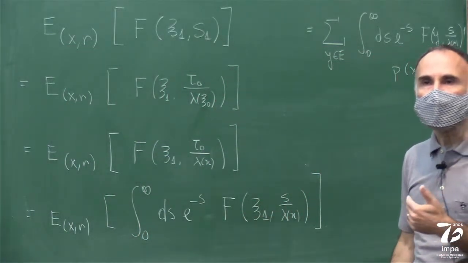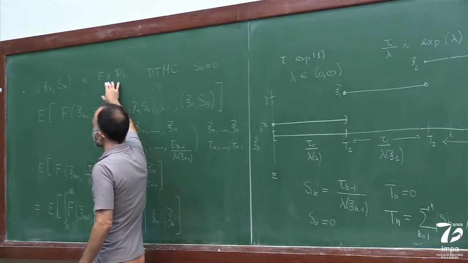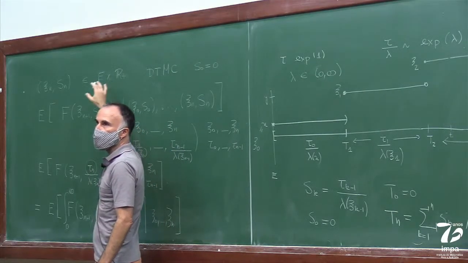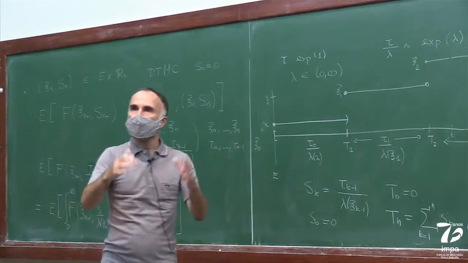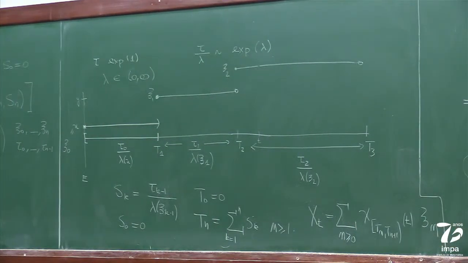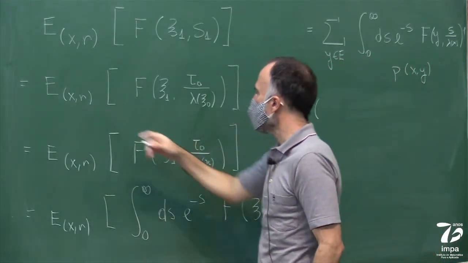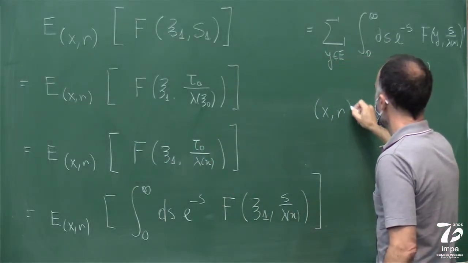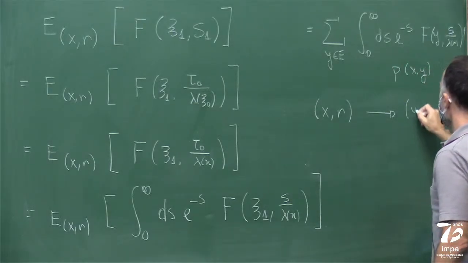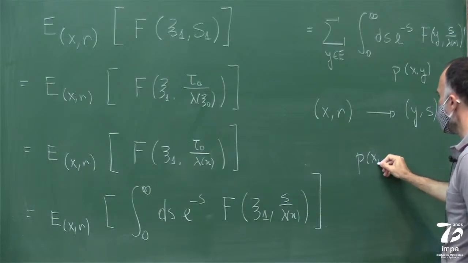So I insist that what we studied in the first 3 lectures were Markov chains taking value in a finite space. Here the space is not finite anymore. The space is infinite. But what we are showing is that if you are at x r, you jump to y s with a probability which is p xy.